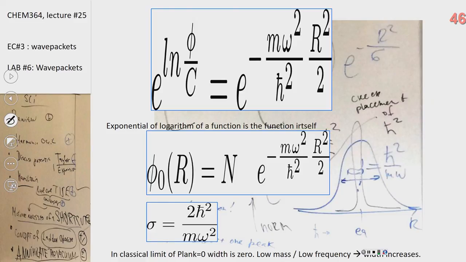On the right we get something reasonable, and on the left, if you take the exponential of the logarithm, we just get the function, right? And the c becomes N, the normalization coefficient that we need to find, and the function is equal to a Gaussian function of elongation from equilibrium squared, with this trace of fundamental constants and frequency.